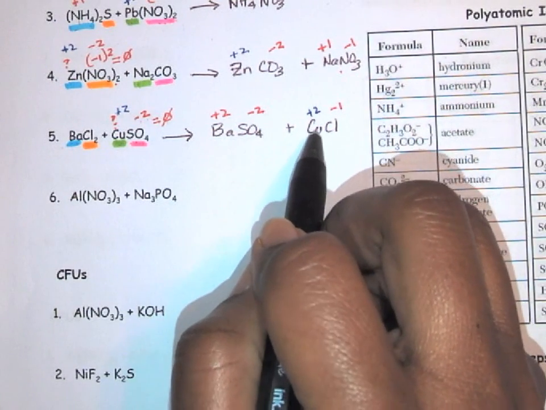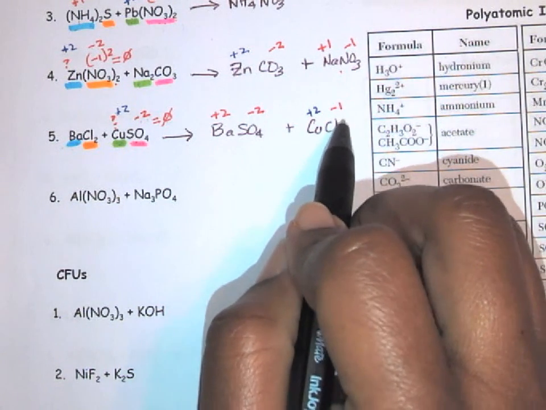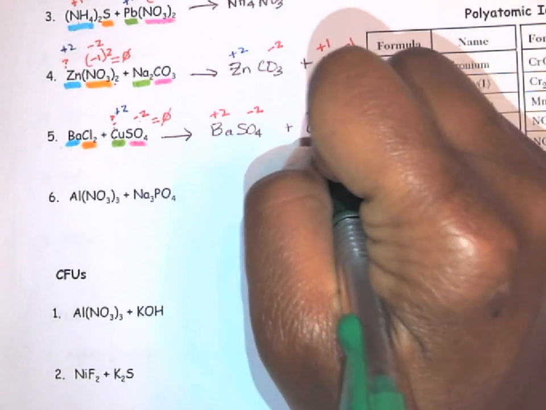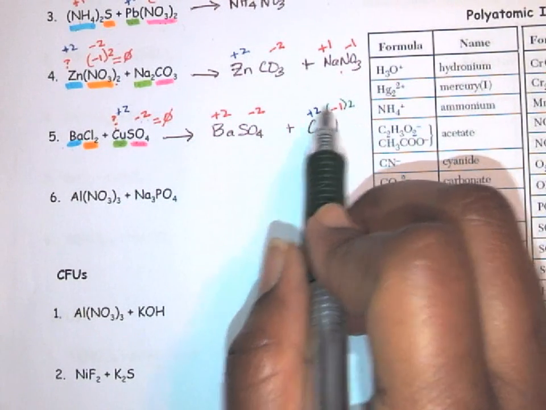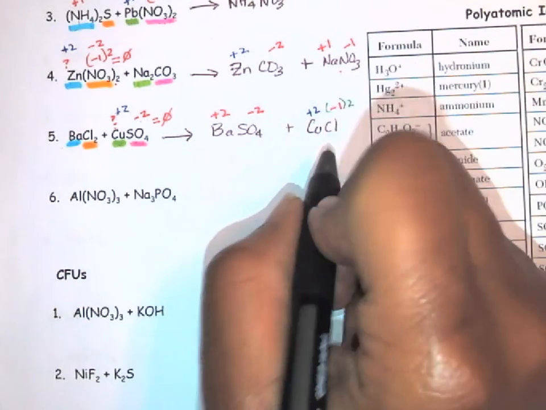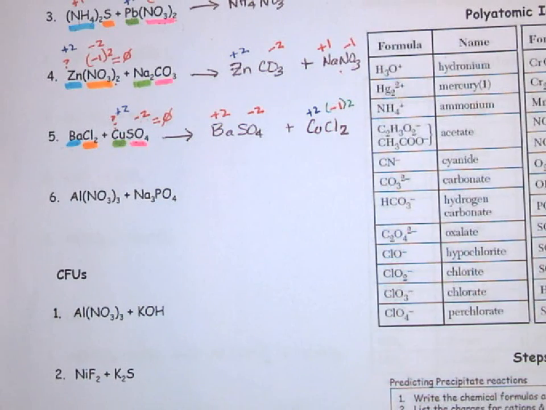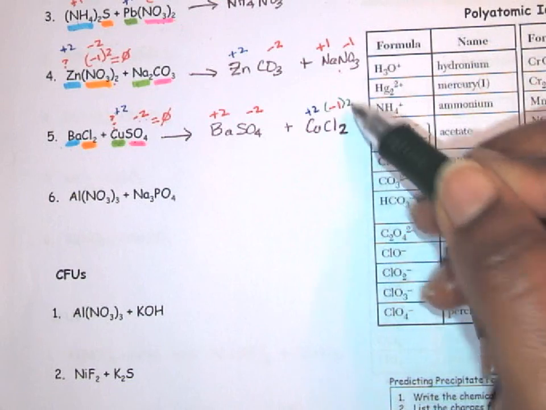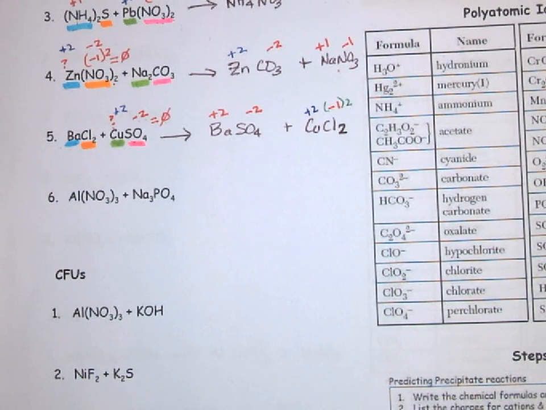If the copper has a +2 charge and the chlorine has a -1 charge, I'm going to need 2 chlorines to get the overall charge to be 0, because 2 times -1 gives me -2, and adding that to the +2 gives me 0. So I'm going to add a subscript of 2, and I'll outline it in green so we can see.